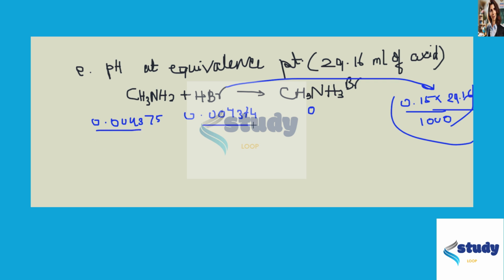This value and this value are very close together, right? So the amount of base left over will be close to 0, and the amount of acid left over will be 0. And then here the amount of salt formed will be 0.004374.